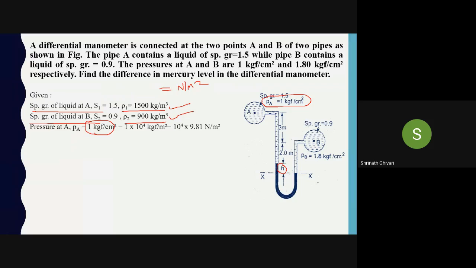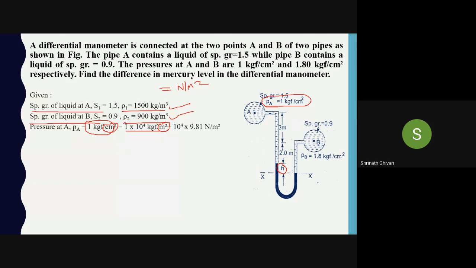First, I'll convert it into kgf per meter square by multiplying it with 10 raised to 4. In a previous problem, we converted meter square into centimeter square, but here we are converting centimeter square to meter square, so we multiply with 10 raised to 4. Don't get confused. 1 into 10 raised to 4 kgf per meter square.